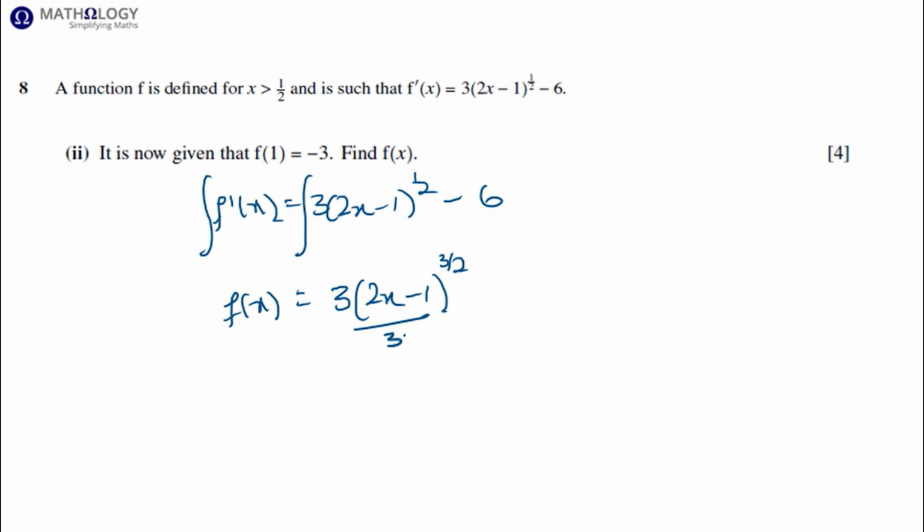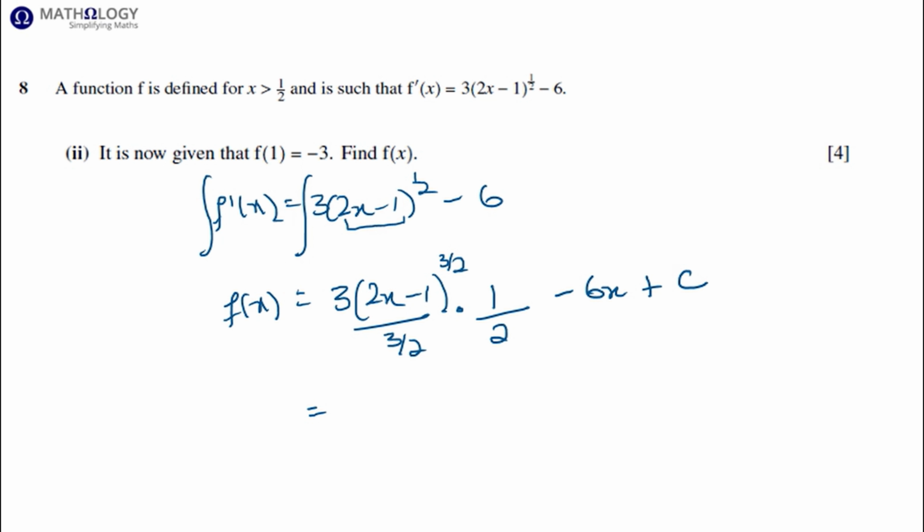We also divide by the derivative of 2x minus 1, so divide by 2. And then we're integrating minus 6, so it'll be minus 6x, and then we add the constant of integration plus c.